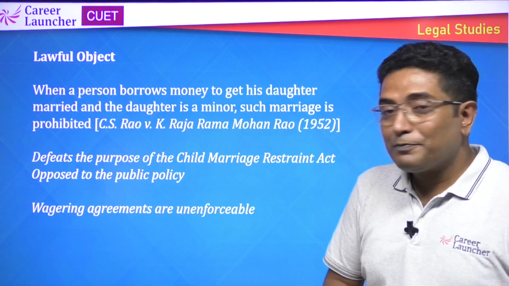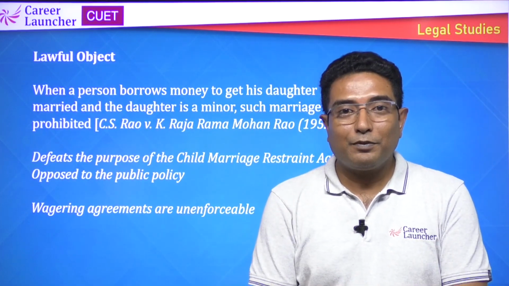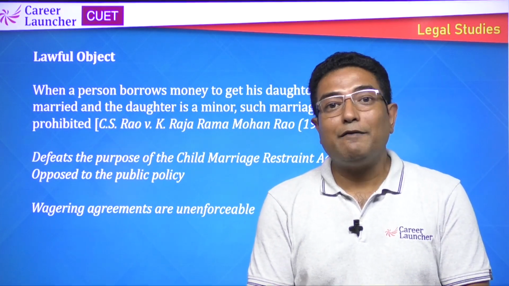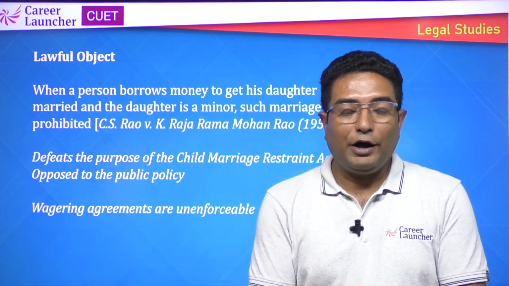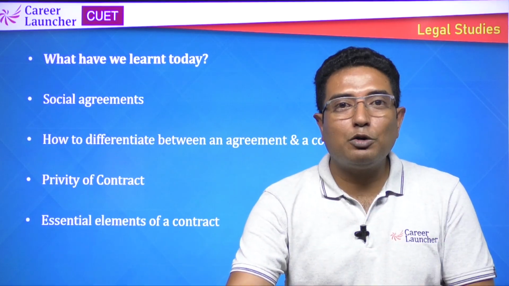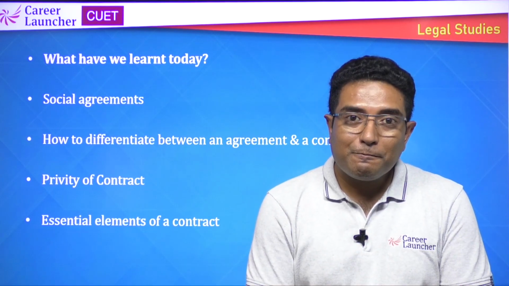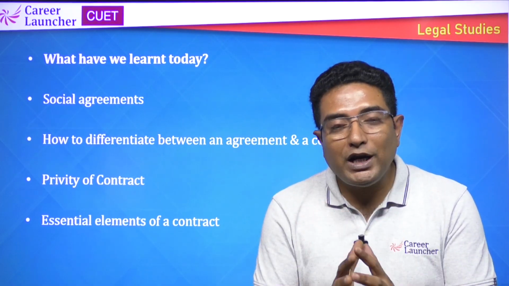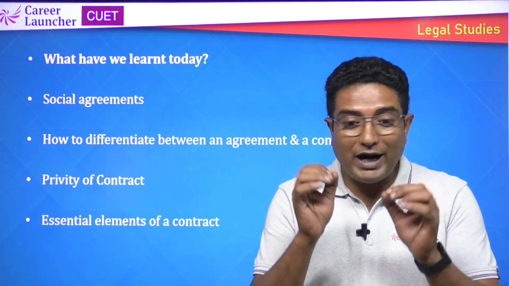Wagering agreements, which we will be talking about in the next session, are unenforceable and hence invalid. I hope you have understood by now what we learned today. You now can easily differentiate between an agreement, a social agreement, and a contract.